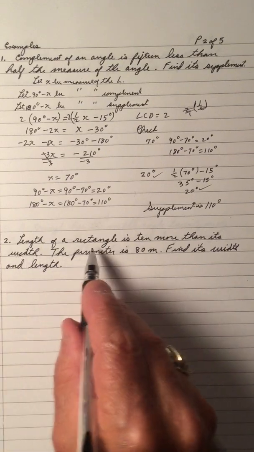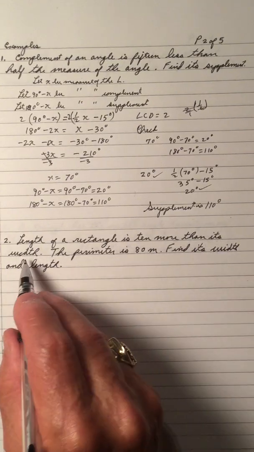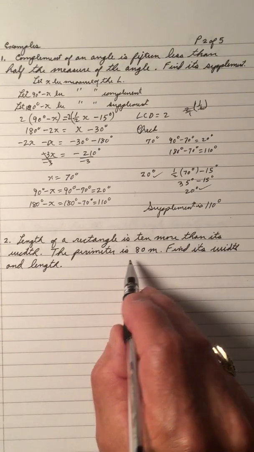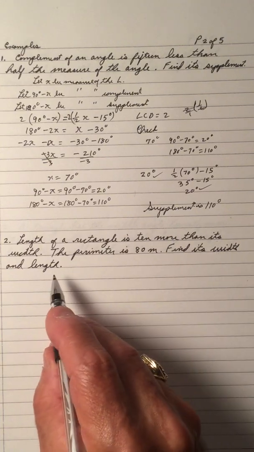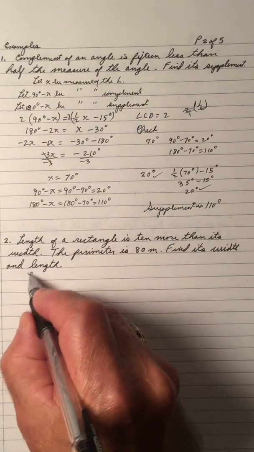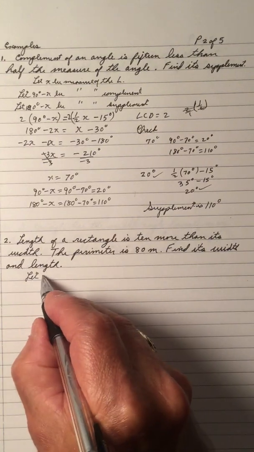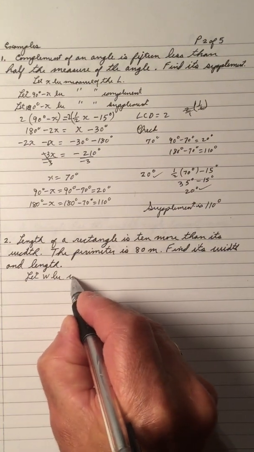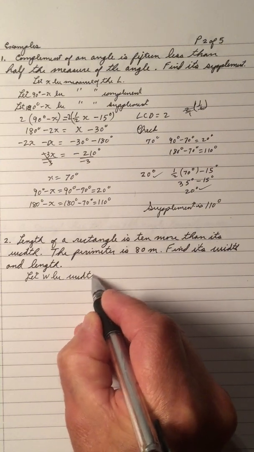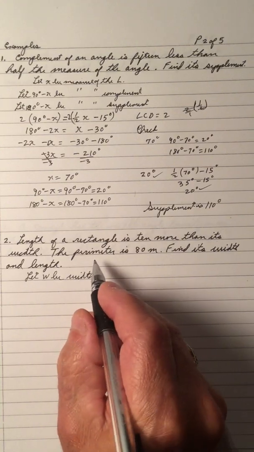Number 2, the length of a rectangle is 10 more than the width. The perimeter is 80. Find its width and length. So we have a length and a width. Notice we let W be the width. I like to use W for width. That'll come up in the math many, many more times.